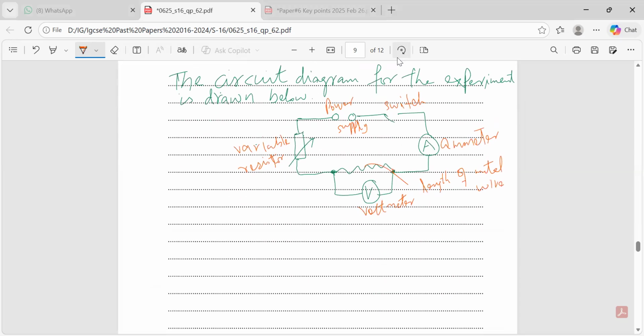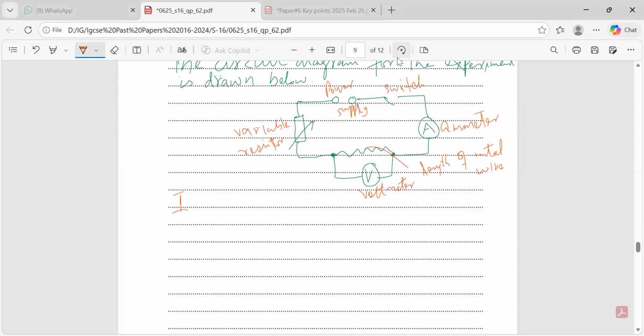So first of all, it is better to mention that the independent variable is the length of metal wire, and the dependent variable is the resistance of metal wires.